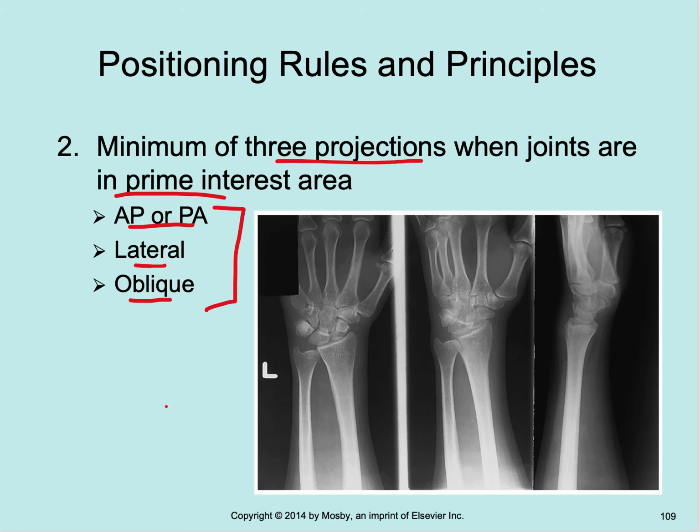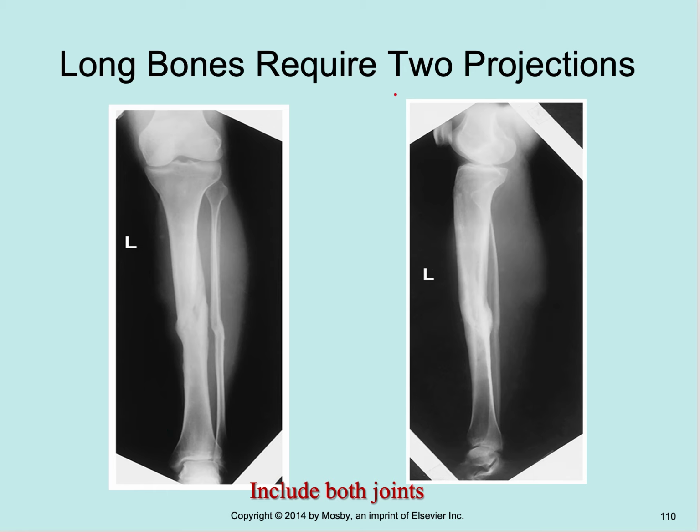Trauma wrist, minimum two, right? So your long bones require two projections. So if you're doing a hand, a minimum for a hand is going to be three. So you're going to do an AP/PA, an oblique, and a lateral. Wrist, the same thing. But then you go to your forearm. Those are two images.